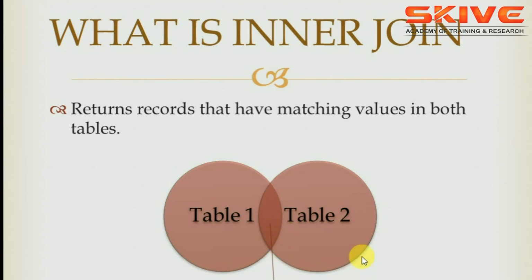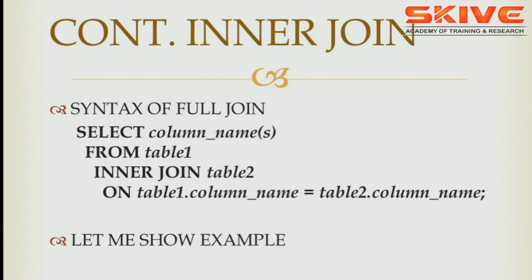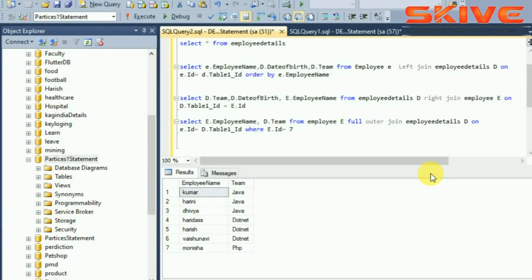Let me show the syntax: select column names from table 1 inner join table 2 on table 1 dot column name equal to table 2 dot column name.